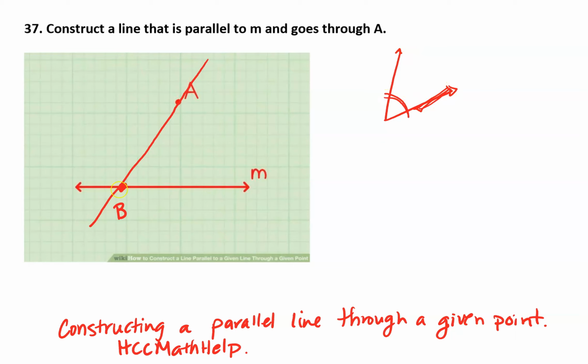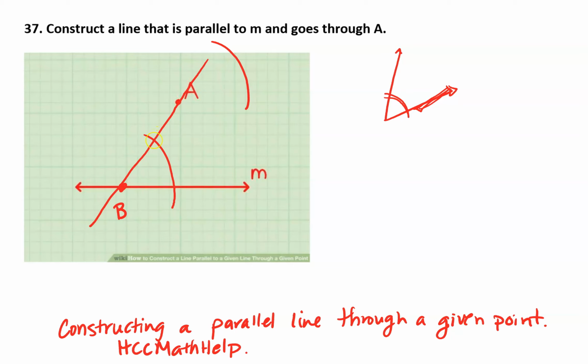So you put the point on point B, and then you're going to draw an arc like this going through both, and then you're going to move the point up to A, and without changing the size, draw another arc. I'm going to try to estimate how far that is. So it looks like it's going like that. Okay.